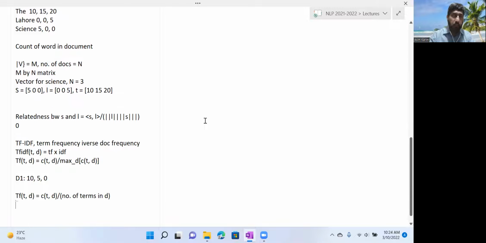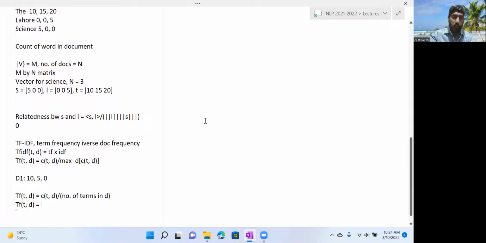Another way, which is also given in the book, is, of course, I would say the first one that I mentioned is more common. As far as I know, the others are less common. So TF(t, d), you can take the log of the count. Of course, log kind of squashes the count.